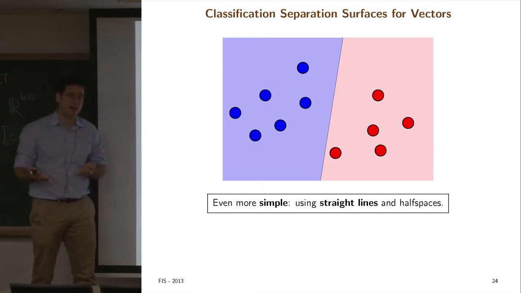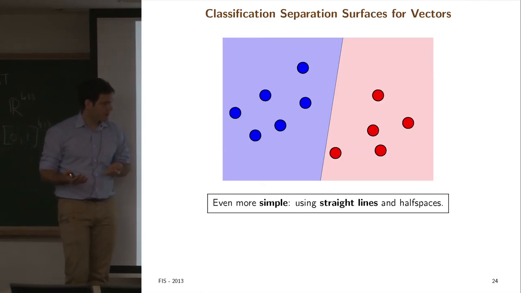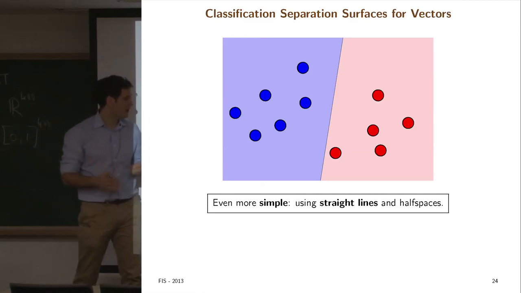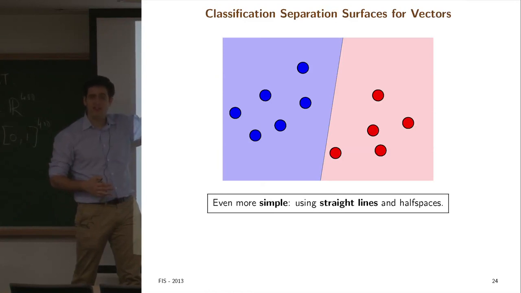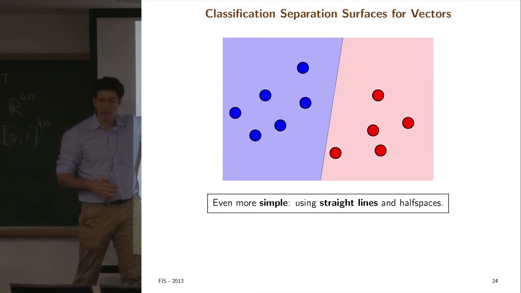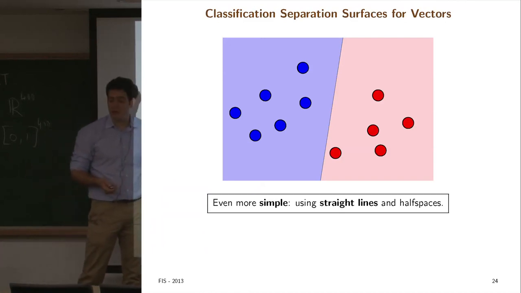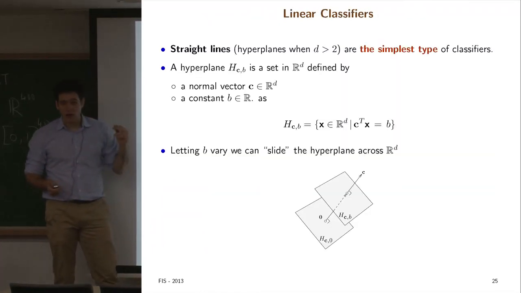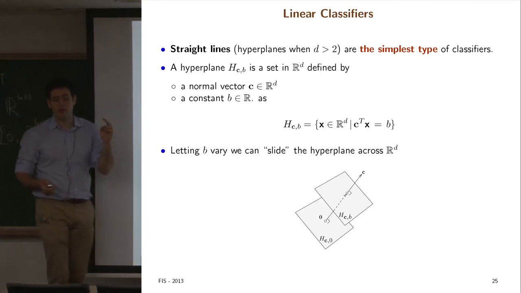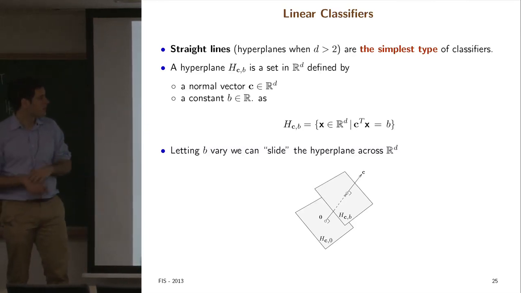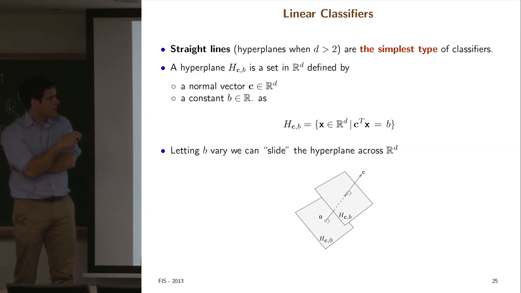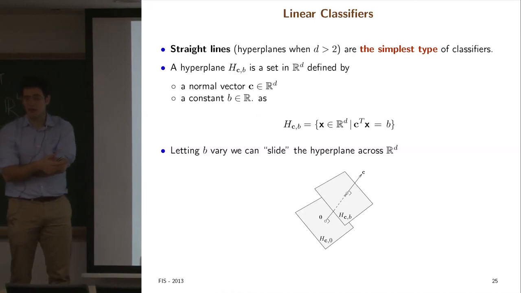A linear classifier is a prediction tool, a function, that will basically split the space into two half spaces, so the blue and the red area. And it will be parameterized by a hyperplane normal, the normal vector, and a constant. So straight lines, hyperplanes, we call them hyperplanes when the dimension is higher, are the simplest type of classifiers.